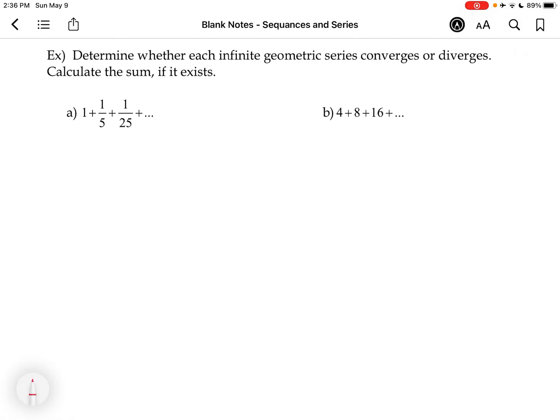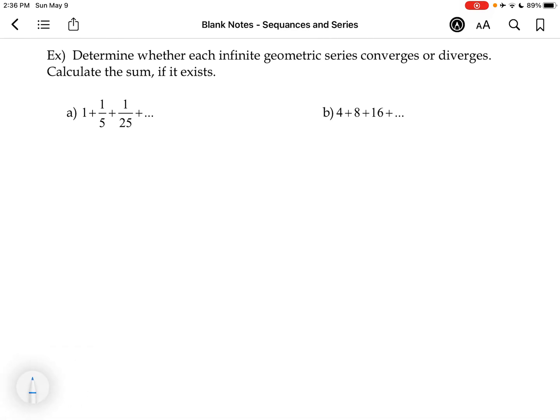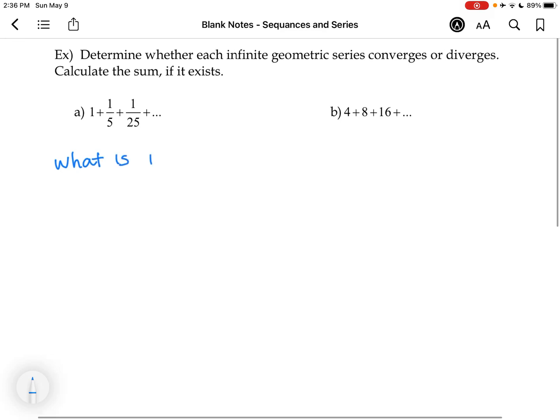Okay, so when we are looking at each example, the first thing we need to do is look at what is r. And remember, you can find the r value by taking one term and dividing it by the term that comes before it.